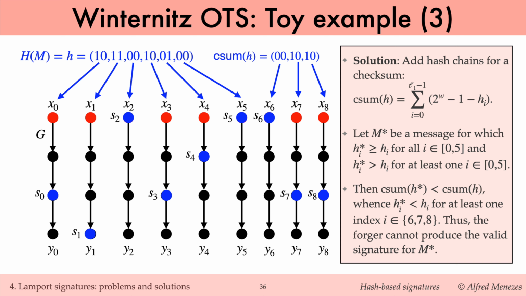For example, suppose that the third block H8 star of the last 2-bit block of the checksum of H star is 01. Then, the last signature component of M star should be G of X8. However, the forger cannot compute this from S8.